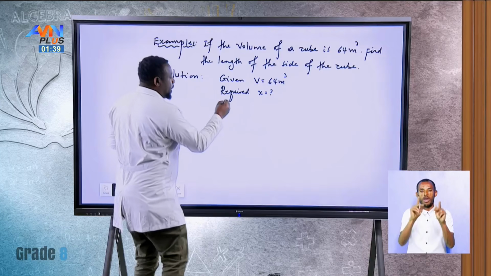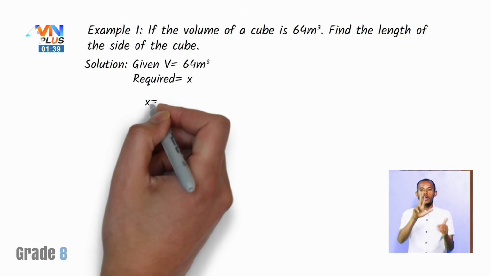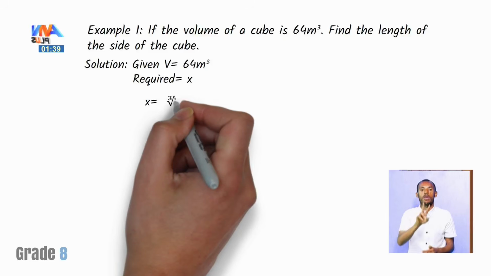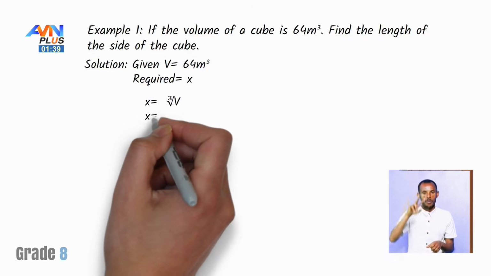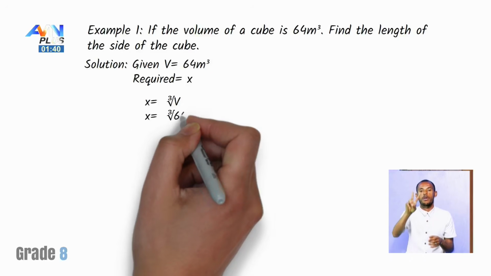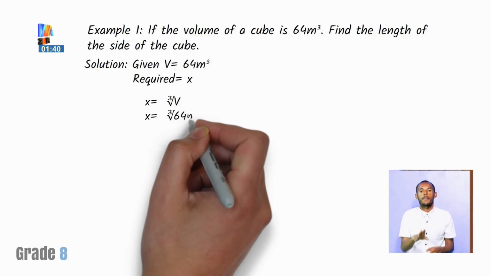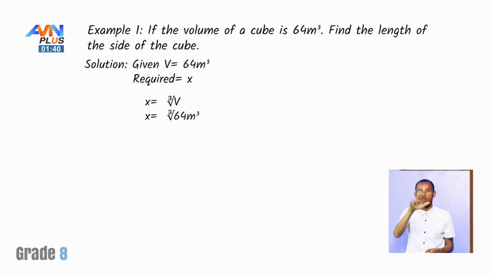We use x is equals to cubed root of v, and v is x cubed, that means x becomes cubed root of v. So x becomes cubed root of 64 meter cube.